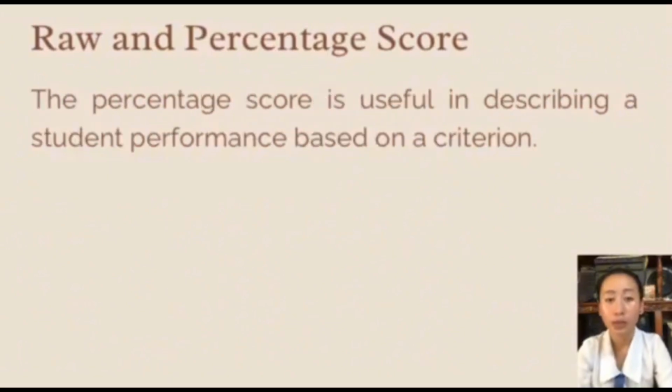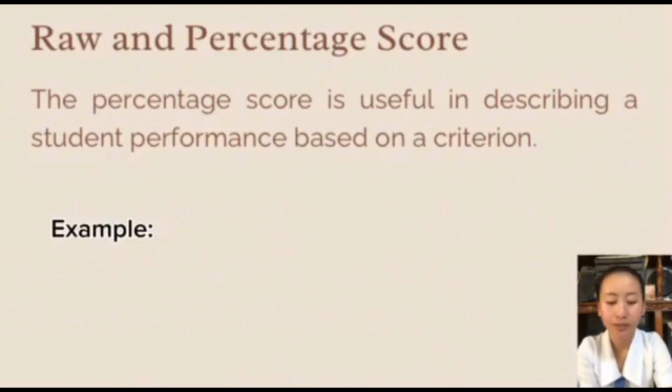So now let's proceed to percentage score. Percentage score is useful in describing a student's performance based on a criterion. In obtaining the percentage score, all you have to do is take the raw score, divide it by the total number of items, and multiply it by 100.